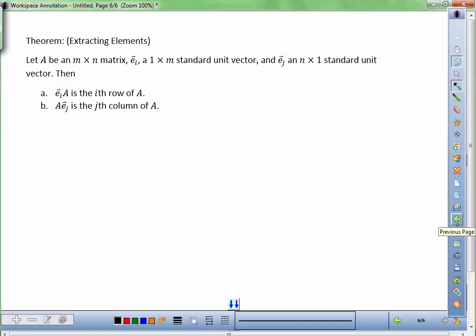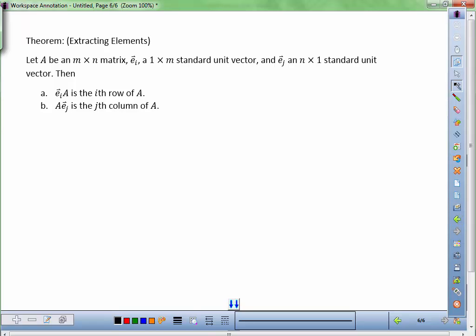Back to this theorem, we're doing some extracting elements. It turns out there's ways to extract elements from a matrix if you want. We didn't really discuss standard unit vectors the way the book presented it, but a standard unit vector is a vector that has 1 in one slot and zeros in the rest of the slots.